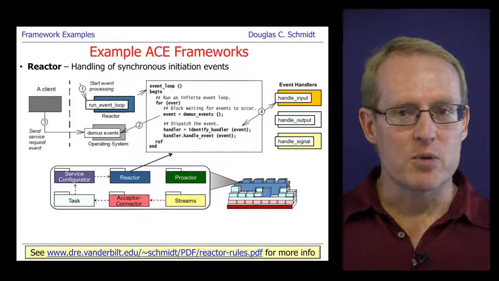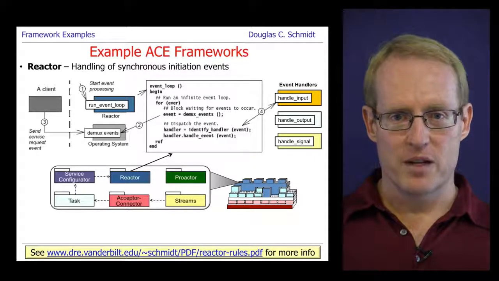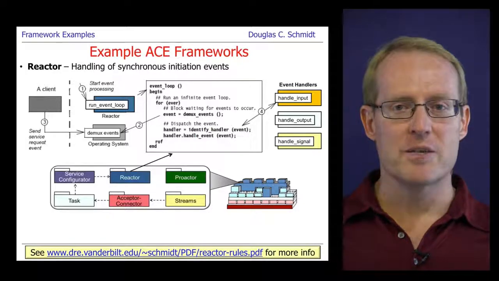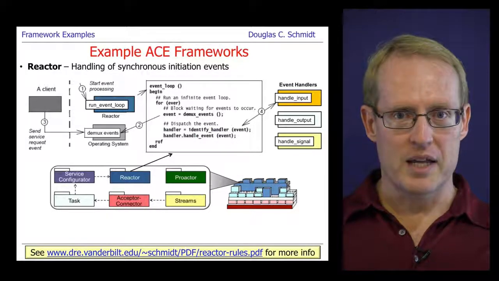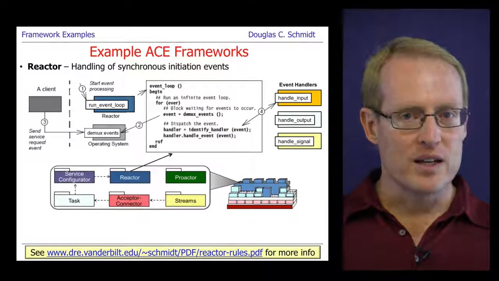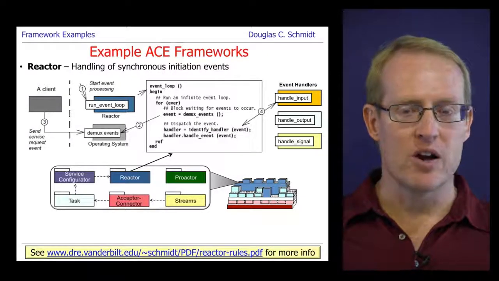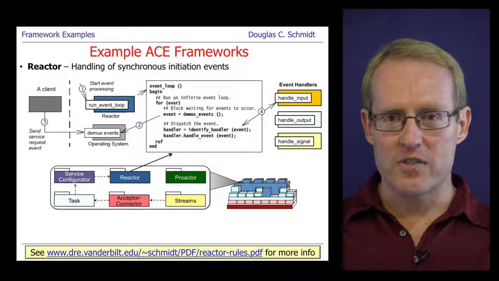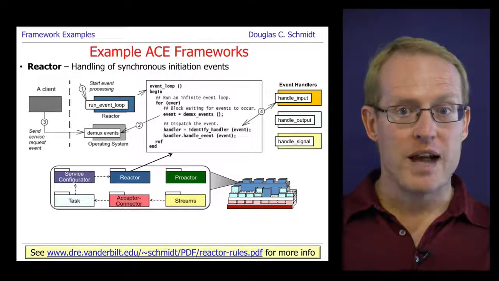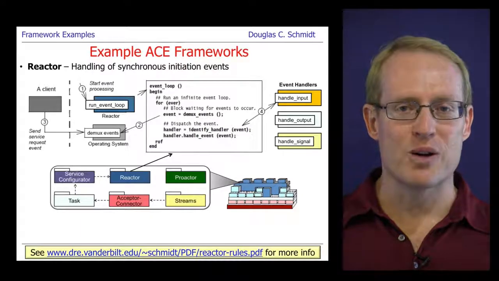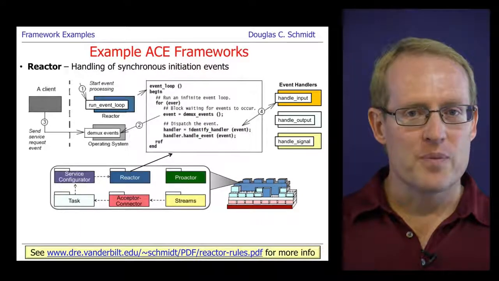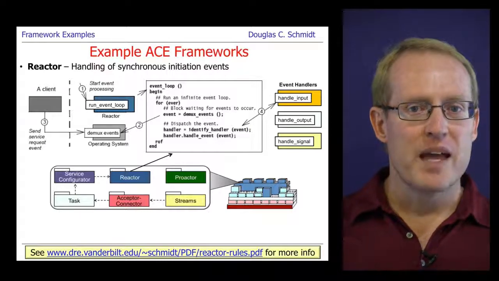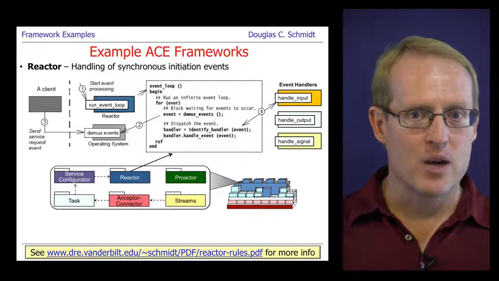So what you typically do with a Reactor is you define a number of different event handlers, you subclass from some base classes that ACE provides, and then you register those handlers with the Reactor, and you tell it what kinds of events you're interested in. Are you interested in reading events, accept events, connection events, writing events, timer events, signal handlers, and so on and so forth? And then the Reactor is responsible for keeping track of all those different types of events and calling your handlers back when they occur.